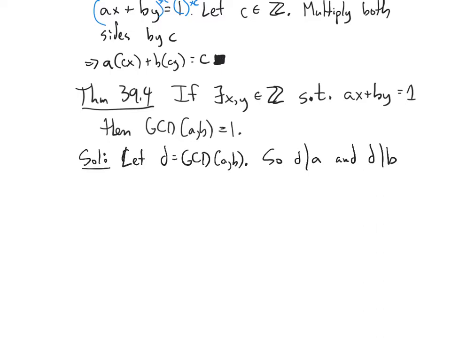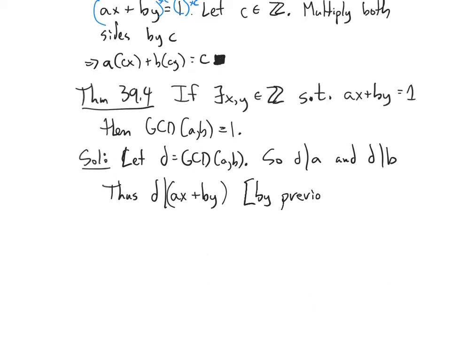Well, what does that mean? Thus, well, we know D is a factor of AX plus BY. It's a factor of any multiple of A, and it's a factor of any multiple of B, and it's a factor of the sum. Let's just say here, by previous results.